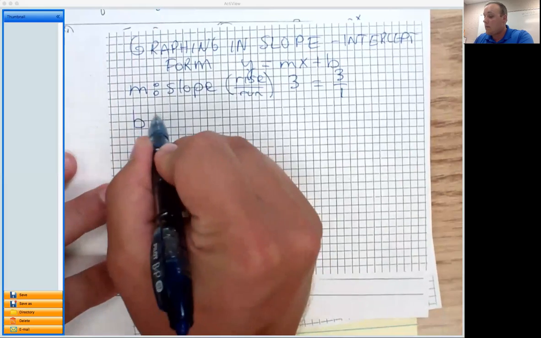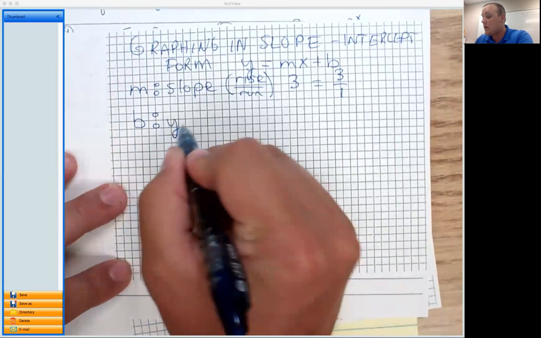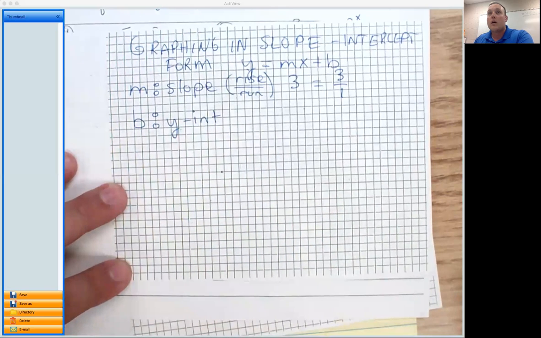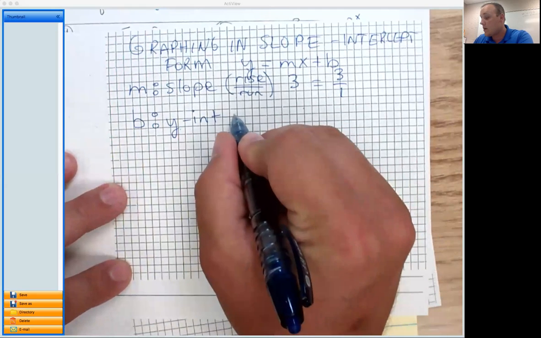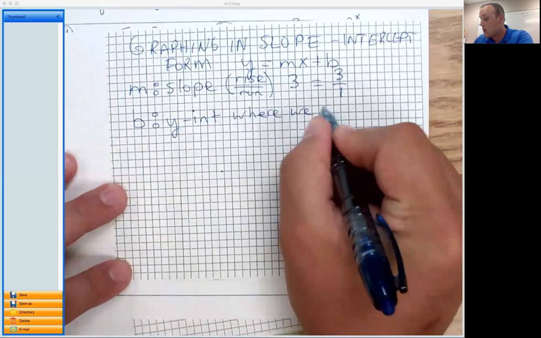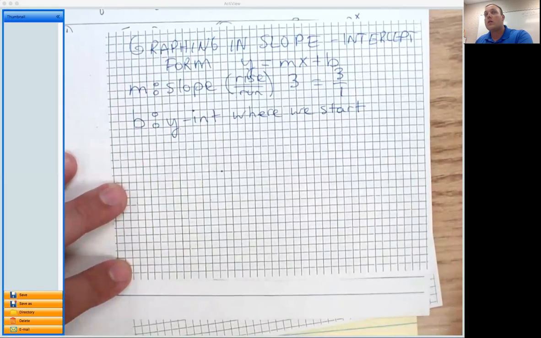Our y-intercept is also known as b. This is where we start on the graph, right? I'll start with a y-intercept.